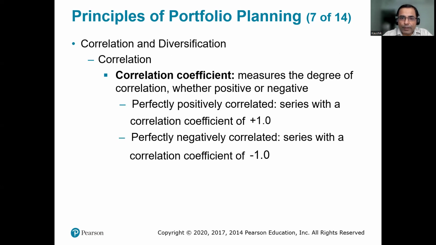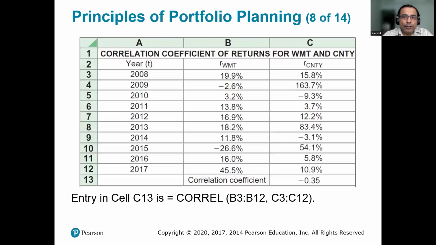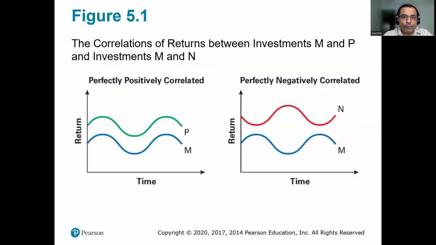So if there is perfect positive correlation, that is, if one increases, the other also increases in the same direction, then the correlation coefficient is +1. If it is perfect negative correlation, that is, if one increases, the other decreases, the correlation coefficient is -1. So we try to find the correlation of returns for the two stocks in this portfolio.